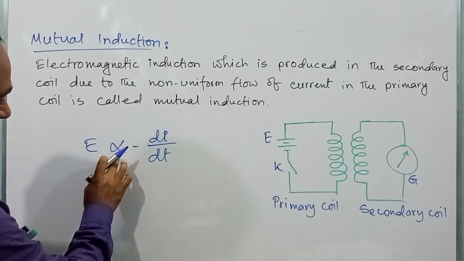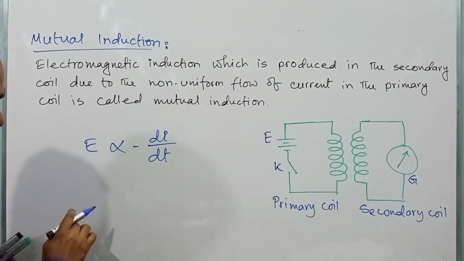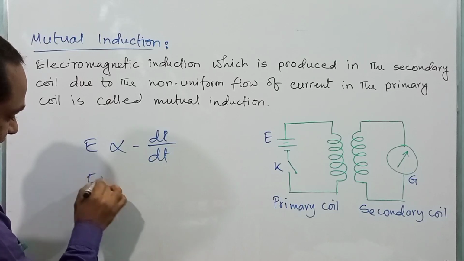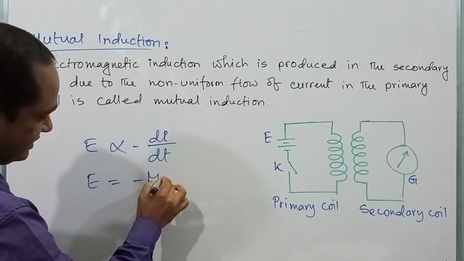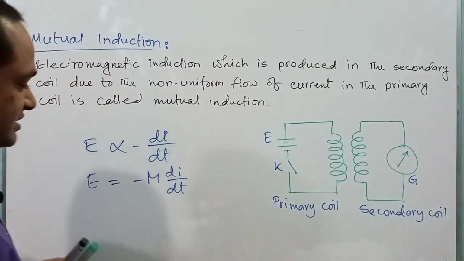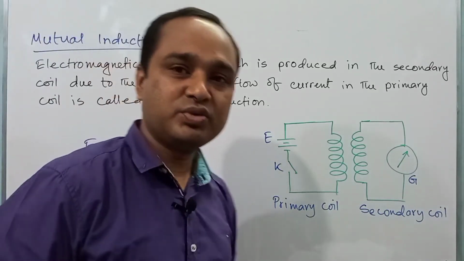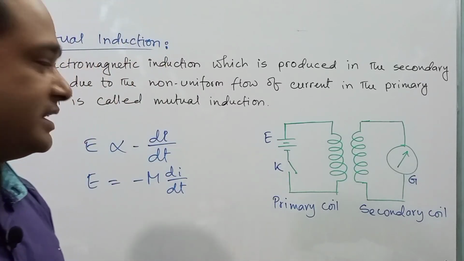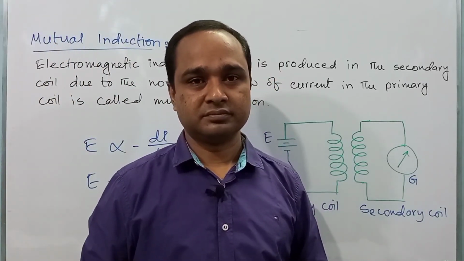So similarly we can replace the proportional sign by a constant, so we can write E is equal to minus M di by dt. Here M is called the coefficient of mutual induction or mutual inductance, right?